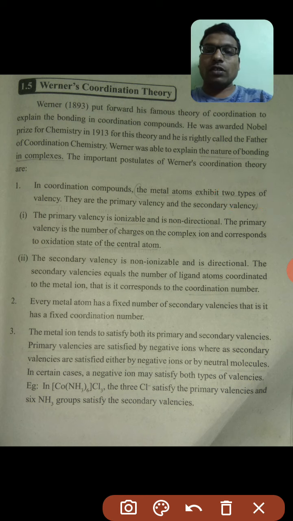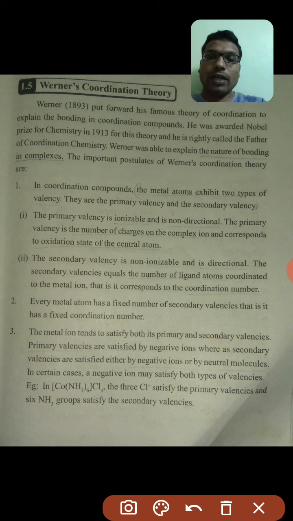Next, each metal atom has a fixed number of secondary valency, that is, a fixed coordination number. The metal ion tends to satisfy both primary and secondary valency.